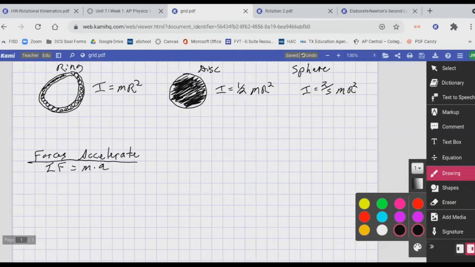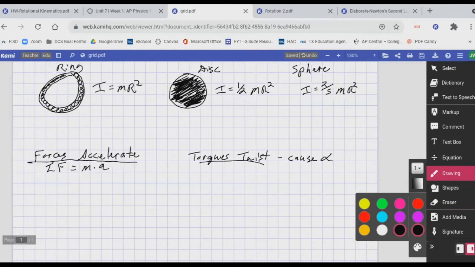But we're talking about rotation. So here we're gonna say, when we go to angular motion, that torques twist. Or we can say they cause alpha, which is angular acceleration. Angular acceleration is speeding up or slowing down in a twist or a turn.